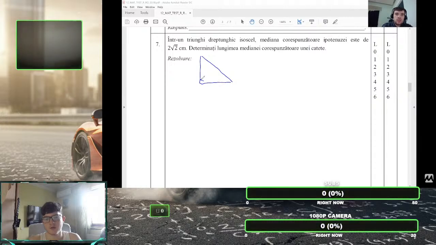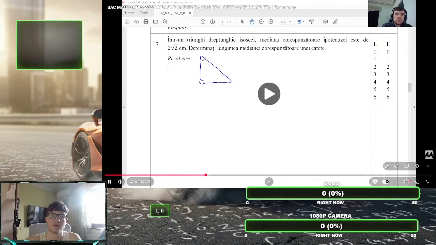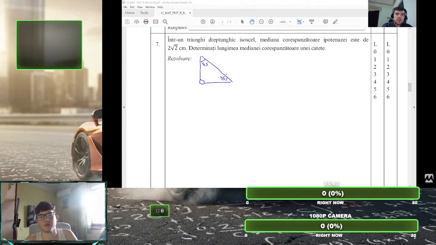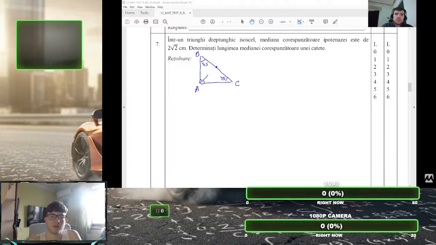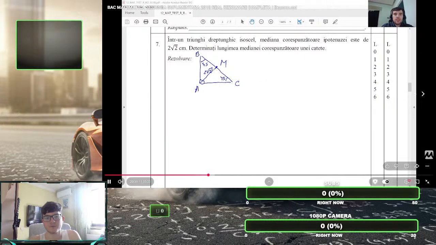Find the middle line of one of our lengths, whatever, I don't know this terminology in English. Basically 45, 45 for some reason. Why, you ask yourself? Because of the 90 degrees right there and the same length, so it's 45, 45, because it's gotta be 180 in total. That's basically the middle length from the hypotenuse, 2 square root of 2.